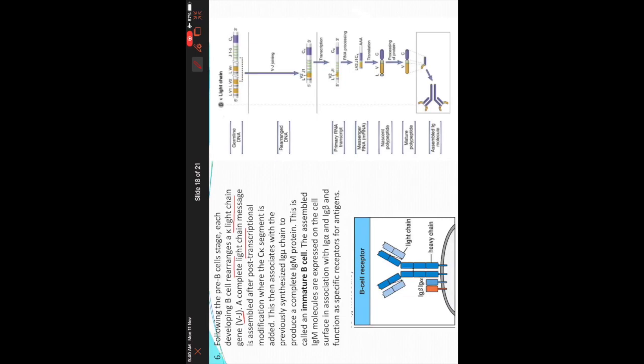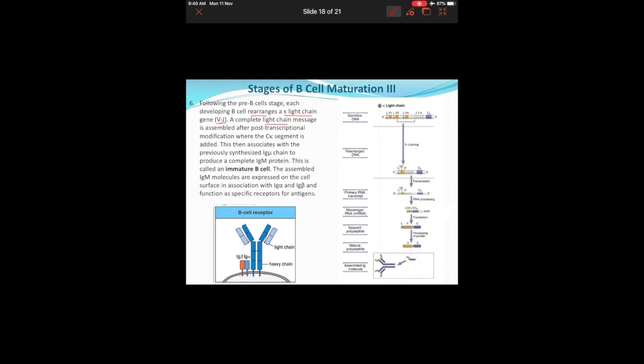So now you have an immature B cell which is composed of a fully functional heavy chain and a light chain, which may be kappa or lambda, associated with the signaling co-receptors Ig alpha and Ig beta. And this is shown here.